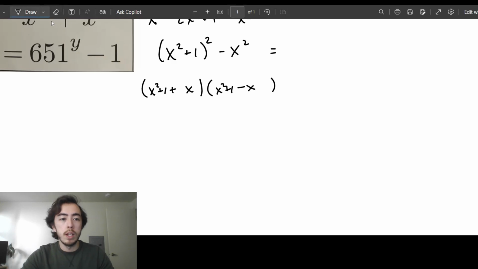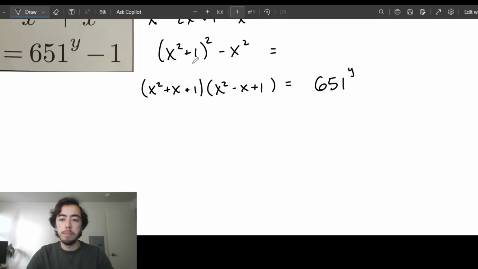And so maybe to write it in standard form, I will swap that 1 and that x. So I will get the factors x squared plus x plus 1, and then x squared minus x plus 1. And so this is equal to 651 to the power of y.